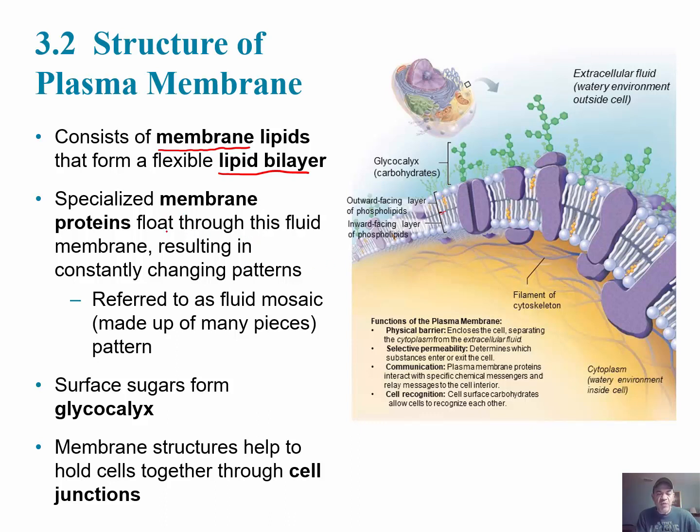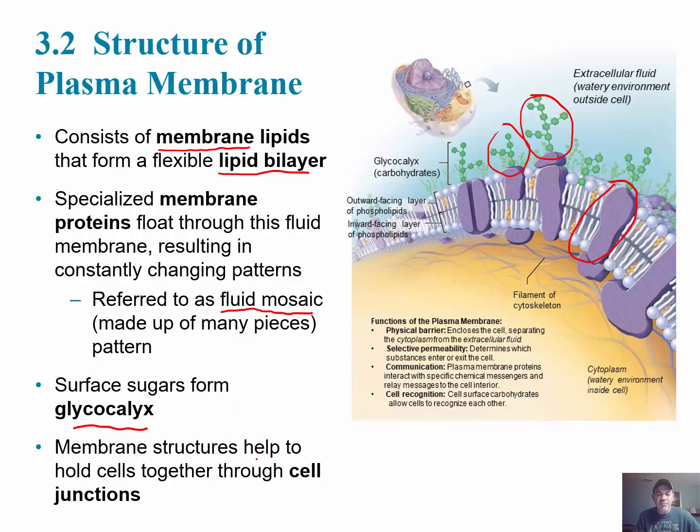The specialized membrane proteins that are in there, which are the purple structures that you see, circling one right there, they're going to flow through this fluid membrane, and this results in a constantly changing pattern in there, and we refer to this model as a fluid mosaic model. We're also going to have surface sugars that form the glycocalyx, and those are the green chains of sugars there on the surface.